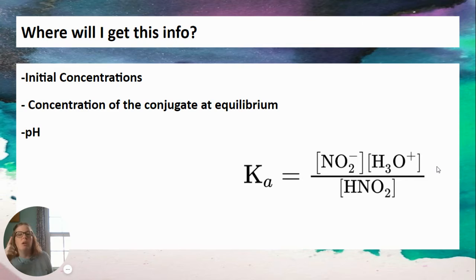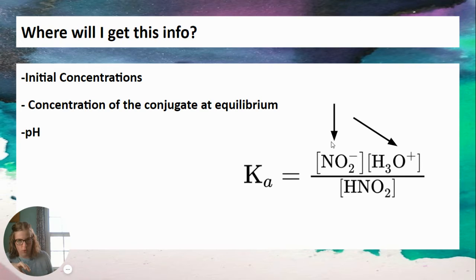Now, they could give you the concentration of the conjugate at equilibrium. They could say at equilibrium, the nitrite concentration is found to be X, or whatever. They could tell you that number. You have to remember that in your balanced equation, if we're talking about just a plain weak acid or plain weak base, whatever the concentration of your NO2- is, that concentration is also equal to the H3O+ at equilibrium.